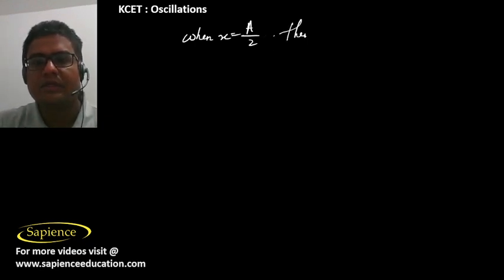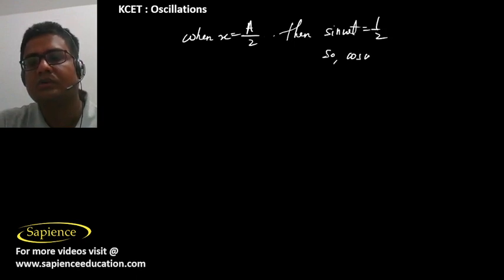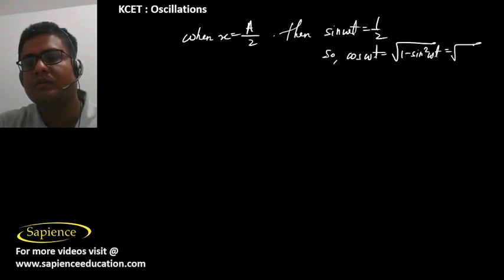So cos omega t will be how much? Cos omega t will be square root of 1 minus sine square omega t, that is equal to square root of 1 minus 1 by 4, that is equal to square root of 3 by 4, that is root 3 by 2.